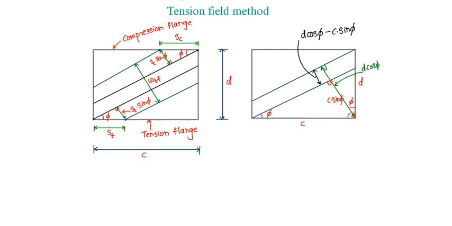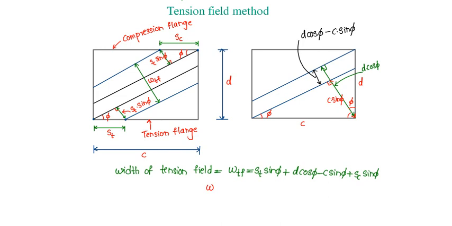So the width of the tension field Wtf will be equal to St sin phi plus the inner width, that is d into cos phi minus c sin phi, plus Sc into sin phi.